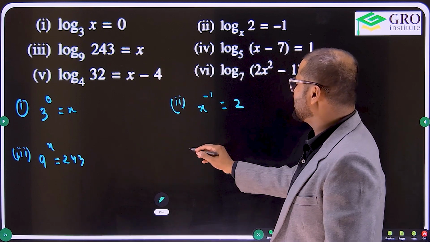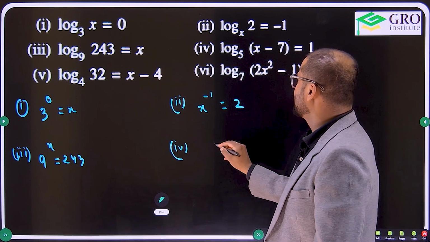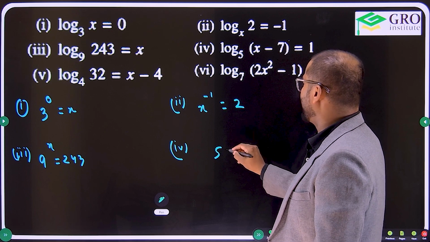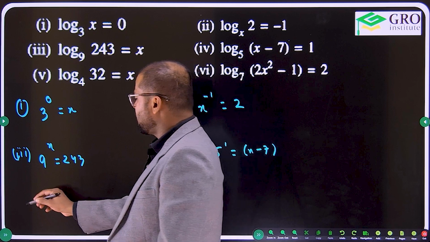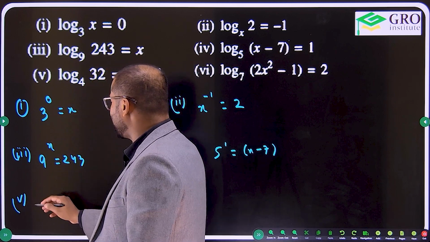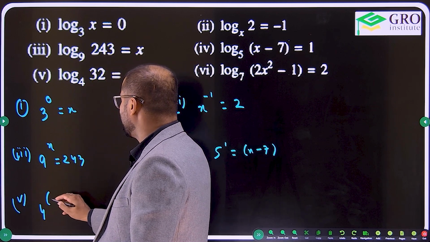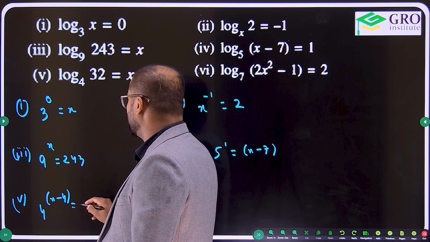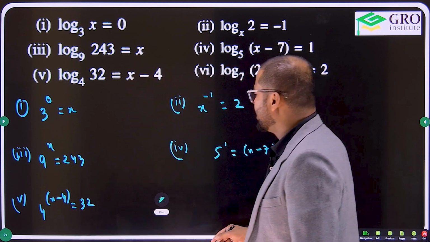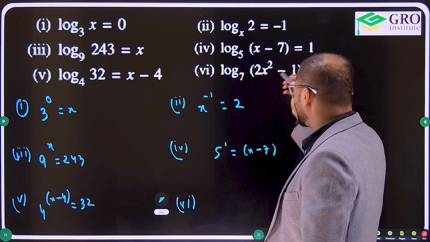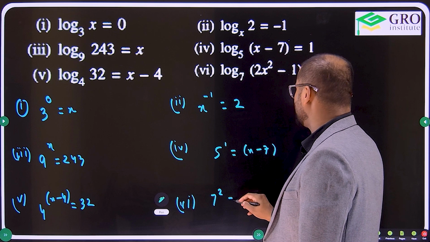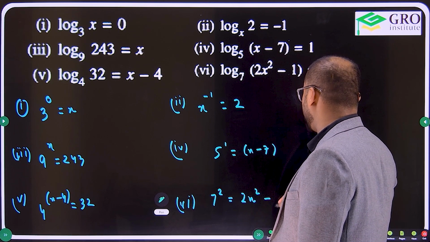Base remains base. 5 to the power 1 is equal to x minus 7. Again, fifth part, base remains base. 4 to the power x minus 4 is equal to 32. Okay, let's see what will be the answer. Sixth part, it is going to be 7 to the power 2 is equal to 2x square minus 1.